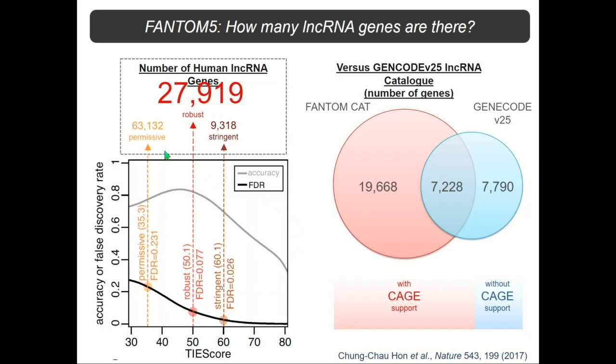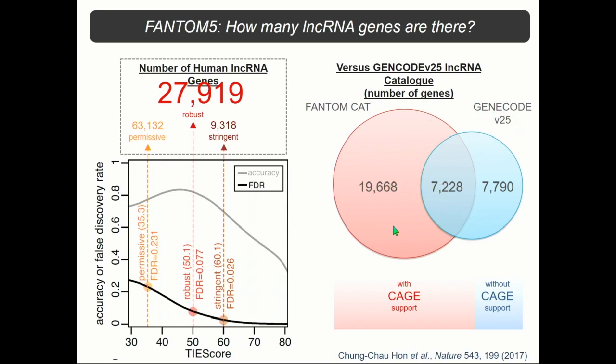We define a set of robust non-coding RNAs, about 28,000, for which we are quite sure. If you really want to be very stringent it is 9,000, and very aggressive is more than 60,000. So this is the FANTOM CAGE annotated transcript set that expands quite a lot the gold standard that is GENCODE.